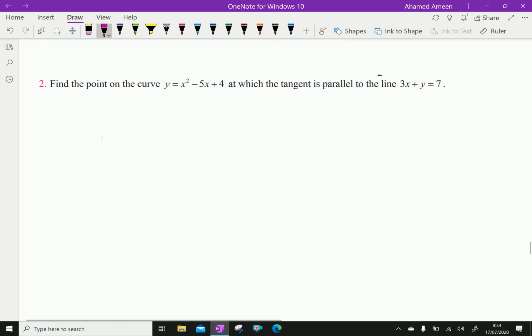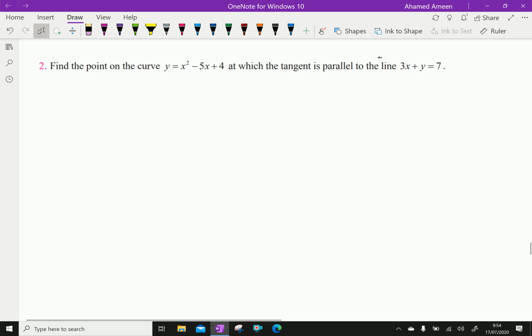Now question number 3. Find the point on the curve y equal x squared minus 5x plus 4 at which the tangent is parallel to the line 3x plus y equal to 7. Now first we have to find the differentiation of the curve y equal x squared minus 5x plus 4. Differentiate with respect to x, dy by dx equal 2x minus 5.